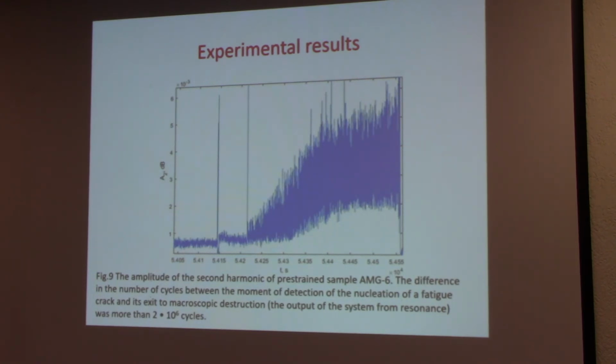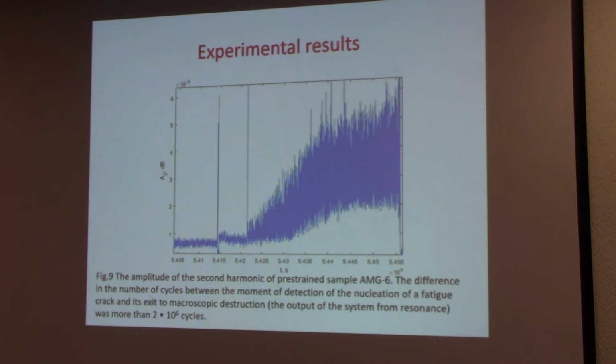We can stop the experiment when the second harmonic is going up. So at the first flash going up of the second harmonic, we stopped the experiment, took the specimen out, looked at it, and didn't find any crack.